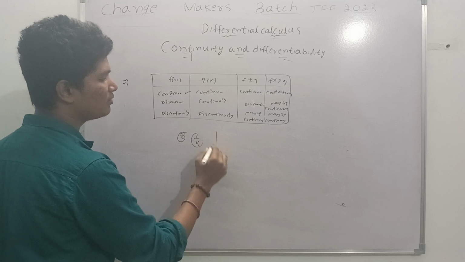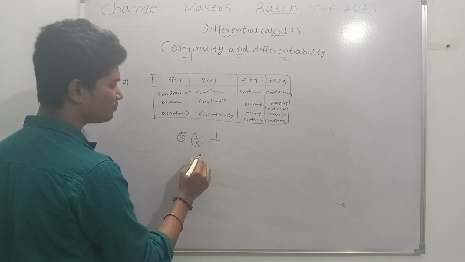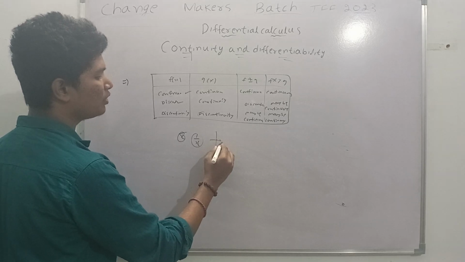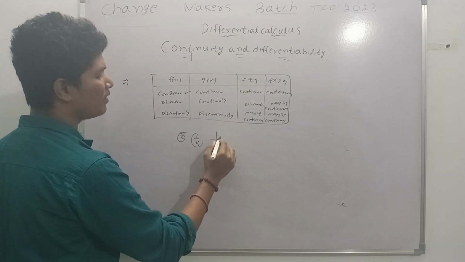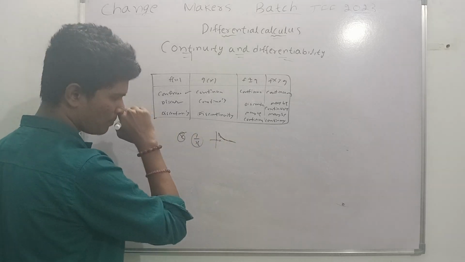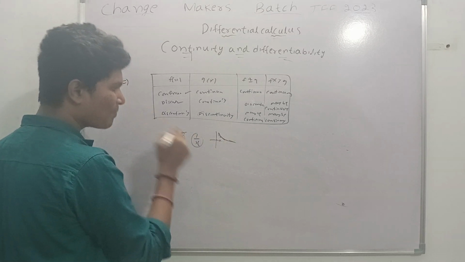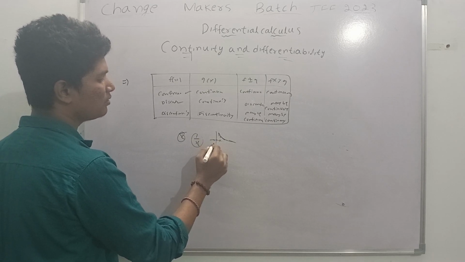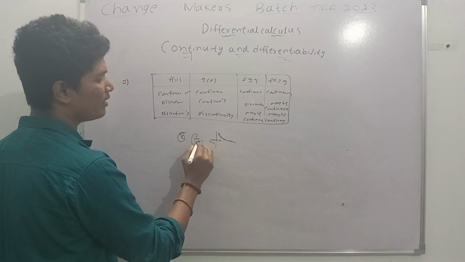What about 1 by x? The graph of 1 by x: at 0 it is not defined. For 1 it is 1, for 2 it is decreasing. So the graph will be like this. And if you take minus 1, it is minus 1, and for minus 2 it goes like this.